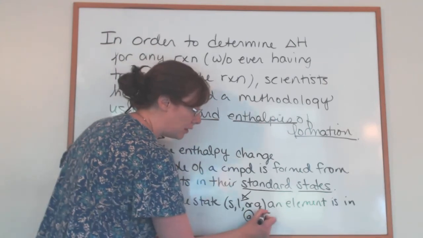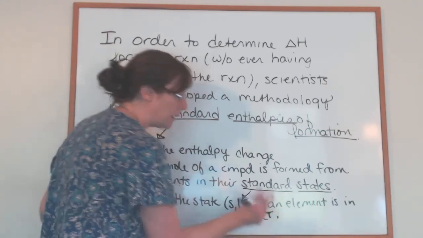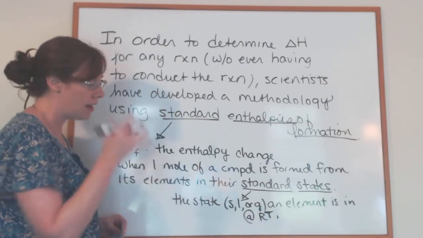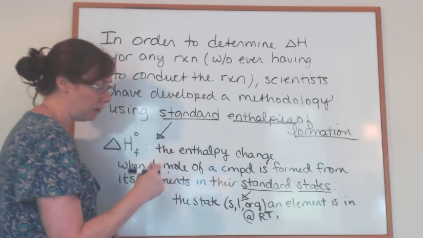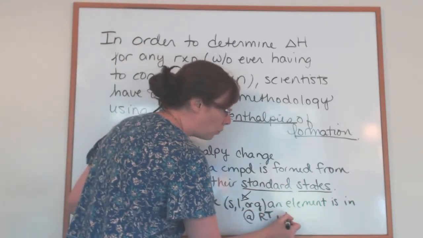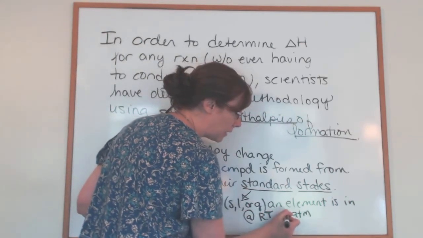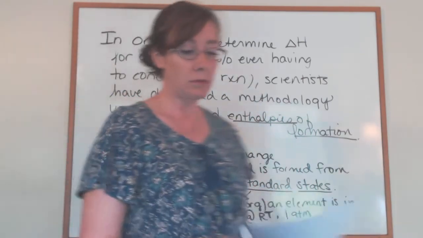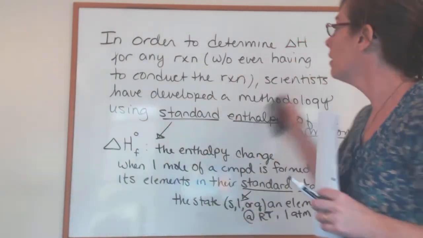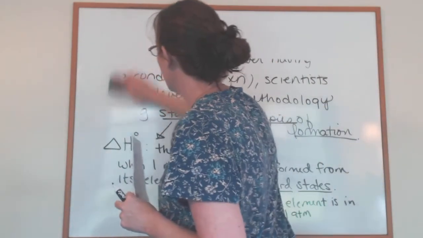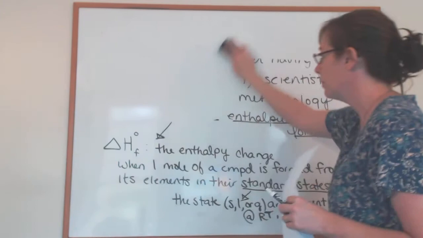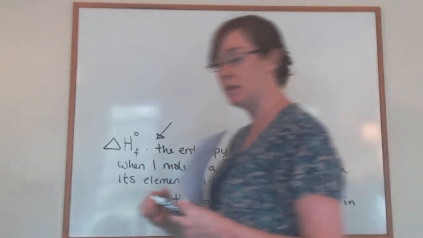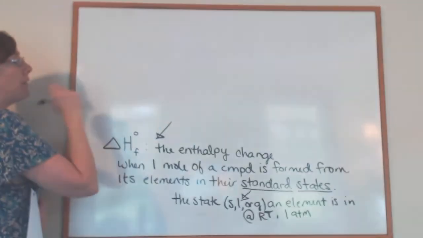At room temperature, which is 25 degrees C, okay, it's about 74 or something like that, degrees Fahrenheit, but room temperature, 25 degrees C, and 1 atmosphere of atmospheric pressure, which is the atmospheric pressure at sea level, okay? So let me go ahead and erase the board, or at least erase this top part here so we can have some room.